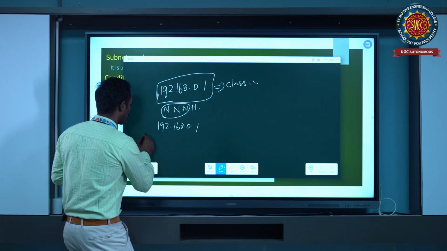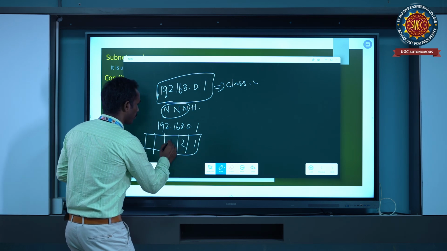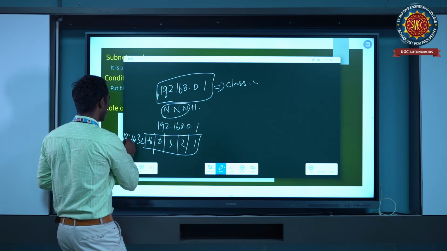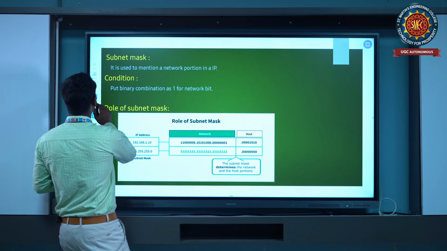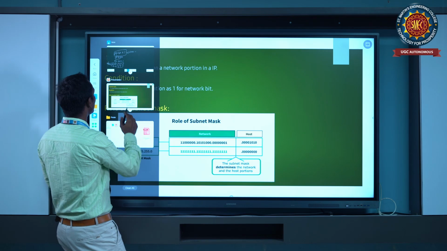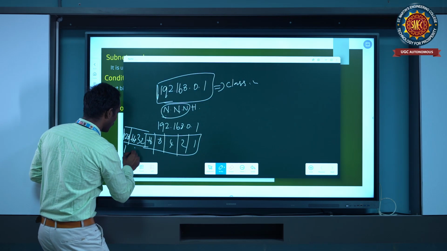For 192.168.0.1, we have to write 8 bits with values 1, 2, 4, 8, 16, 32, 64 and 128. Those are the binary combinations. We have to put the value 1 for all bits in the network portion.